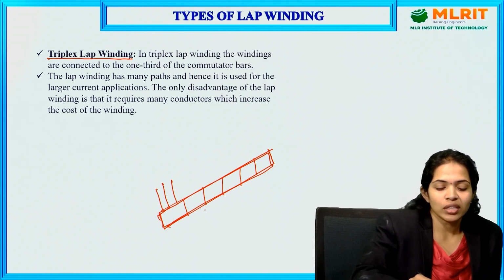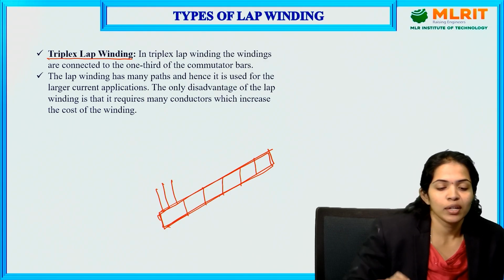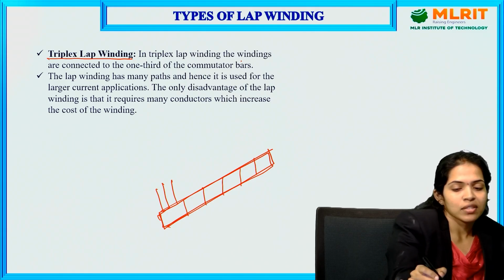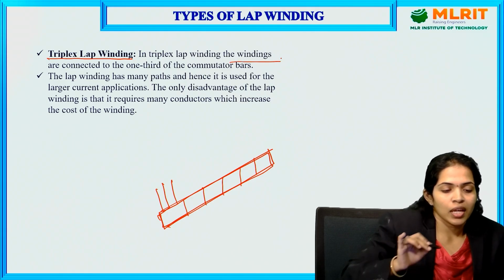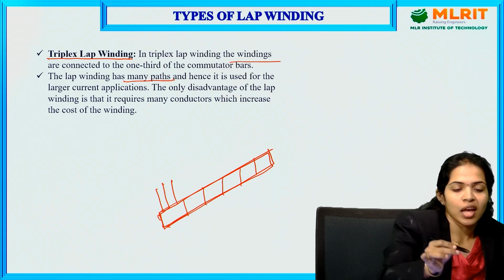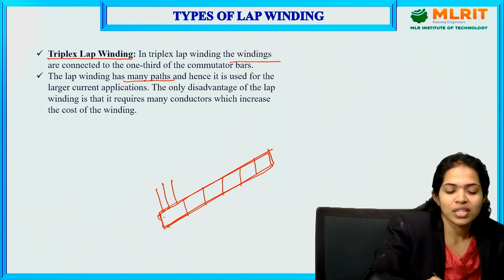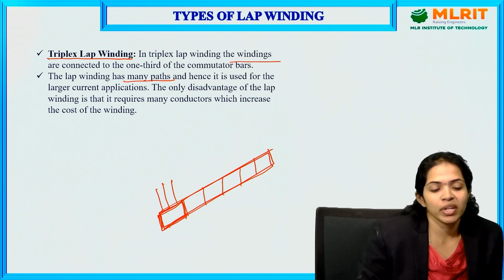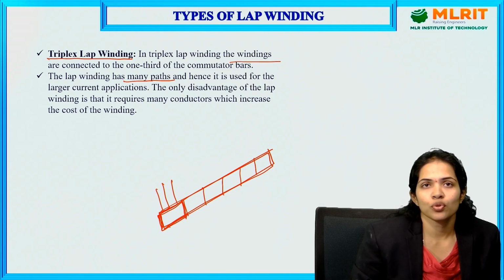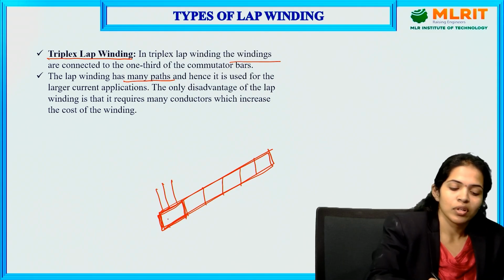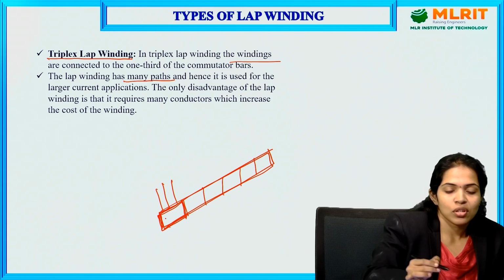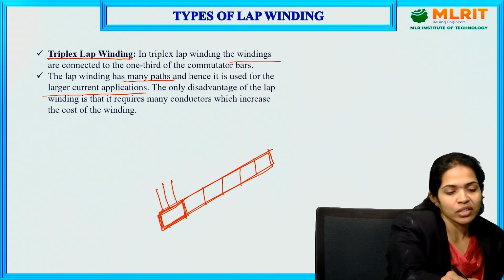In this, 1/3 of the commutator segments will be connected with the windings. In this, we have many parts because one segment may have many conductors. That means there should be many parallel paths to carry the current under the same commutator segments. So these are used for larger current applications again.